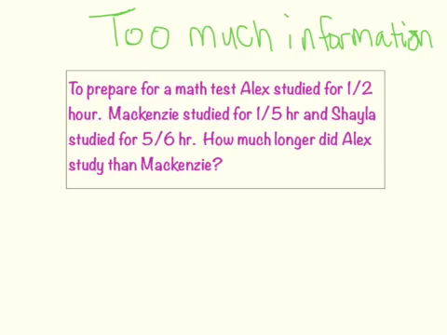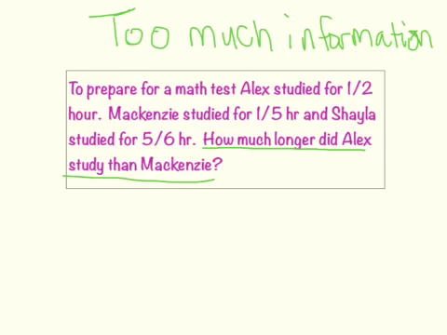Here's a situation where a story problem gives us too much information. Let's read it. To prepare for a math test, Alex studied for 1/2 hour. Mackenzie studied for 1/5 hour, and Shayla studied for 5/6 hours. How much longer did Alex study than Mackenzie? Well, to solve this question, there is some information in our problem that we don't even need. That's too much information.